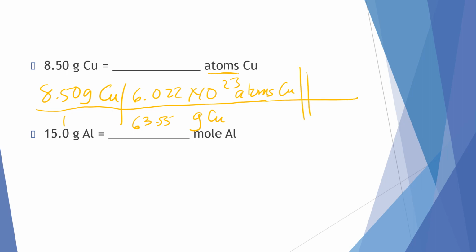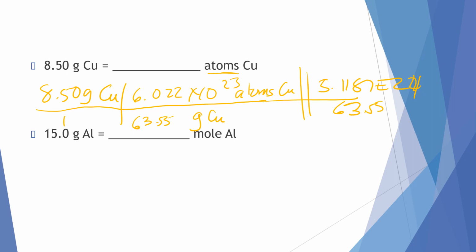In the 2 fractions, I'm able to change it over to something else. Change it to like atoms or whatever. So 8.05 times 6.022 times 10 to the 23 divided by 63.55. For the sake of space, this is my answer that I get: 5.1187 E24, divided by 63.55 on the bottom.